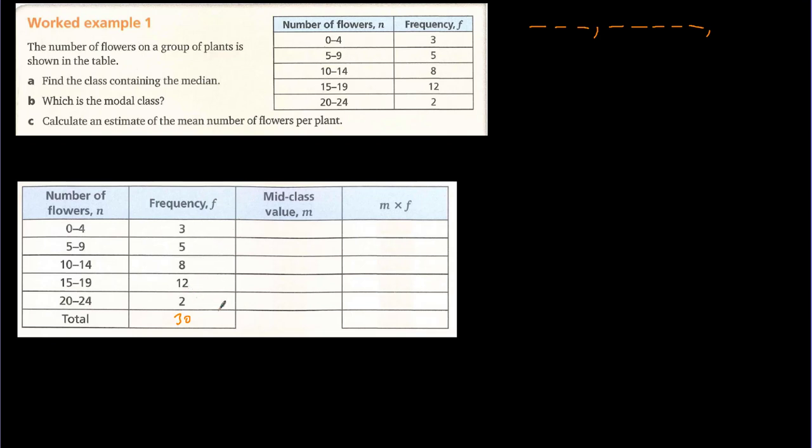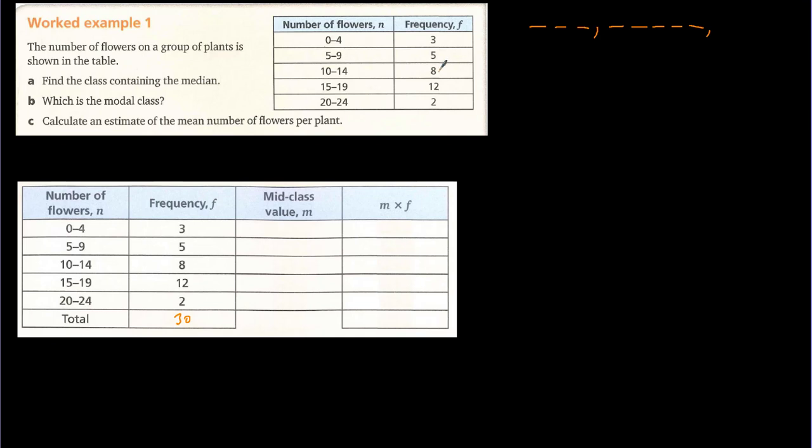If there are 30 plants in total, the median is going to be at the 15th and 16th one. We don't know exactly the place, so we count like this: 3 plus 5 is equal to 8, 8 plus 8 is equal to 16.